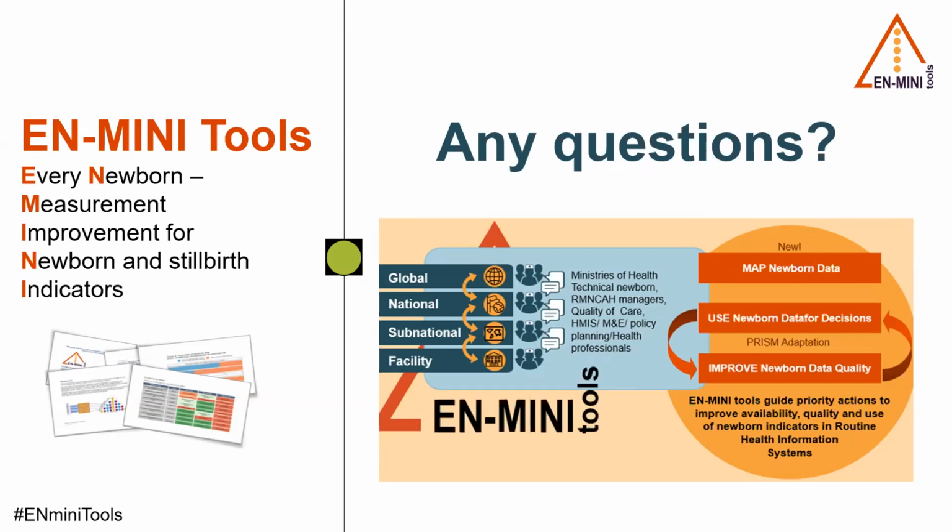So even in the foreseeable future, the next couple of years, by 2025, are there things that you think we can do and ways that the EN Mini tools could help you to change that? So please feel free to post in the chat your ideas to increase the number of indicators on key items, to make them comparable, to reduce data load on people, to improve data capacity, ways that you think we can change in the foreseeable future.